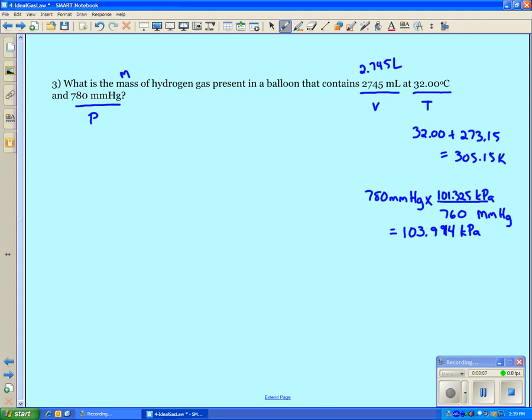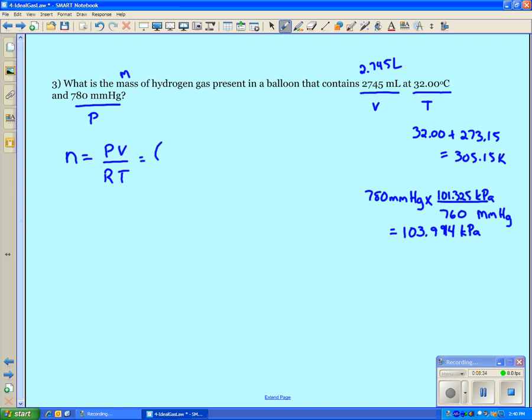So back to our question. Now that we have all of our values in the correct units, we can start substituting in. We said because we need to ultimately calculate mass, first thing we're going to have to do is calculate moles. So rearranging the ideal gas law equation for moles, we would have pressure and volume on top, ideal gas law constant, and temperature on the bottom.